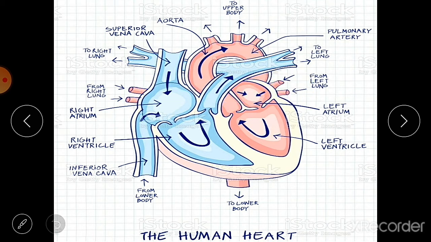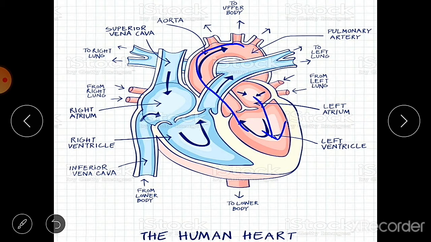Then after coming into the left atrium, this blood is pushed into the left ventricle and then into the aorta.